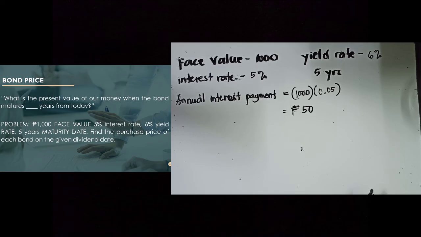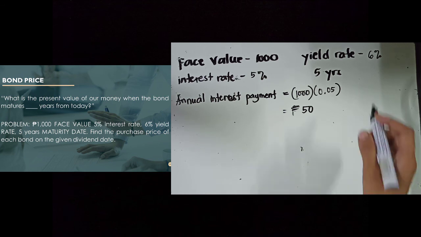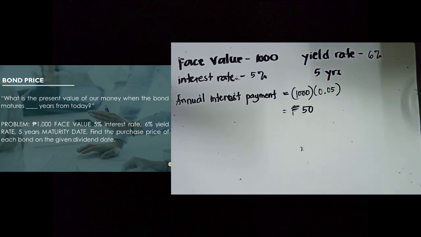Okay? And next, once na meron ka ng annual interest payment, ang sunod na gagawin mo na is you're going to get the sum of the quotient of annual interest payment and 1 plus the appropriate yield to maturity. So, since we have 5 years, hanggang 5 po ang kukunin natin.